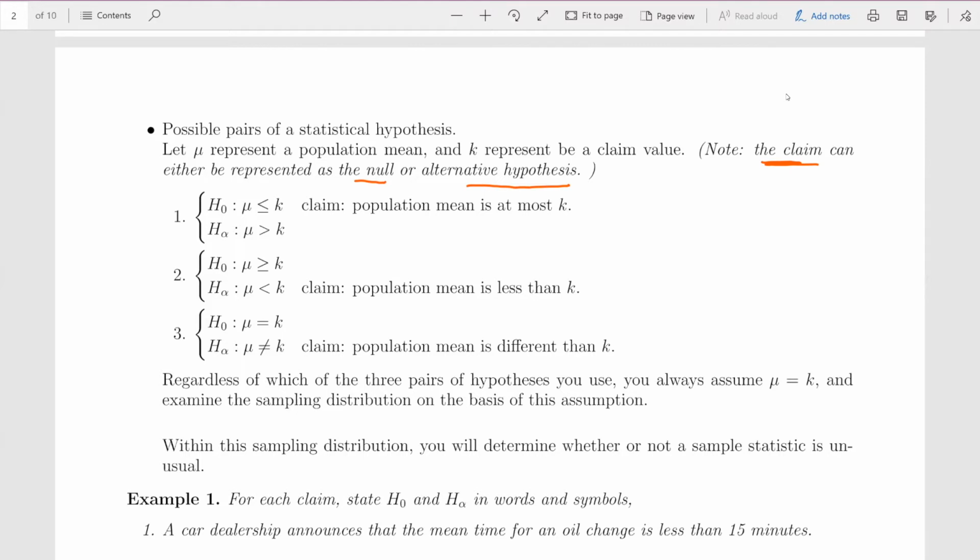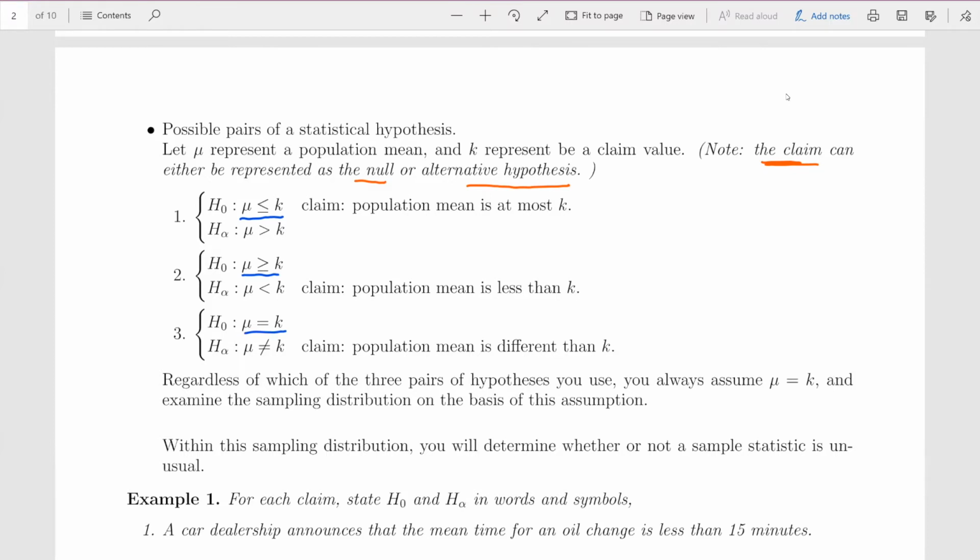At this point, you know that in hypothesis testing, you have two statements. One is a null hypothesis, another one is the alternative hypothesis. In the null hypothesis, you always have a statement of equality, an equal sign. It could be less than or equal, greater than or equal, or equal.